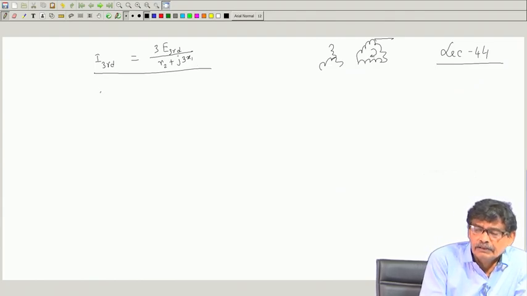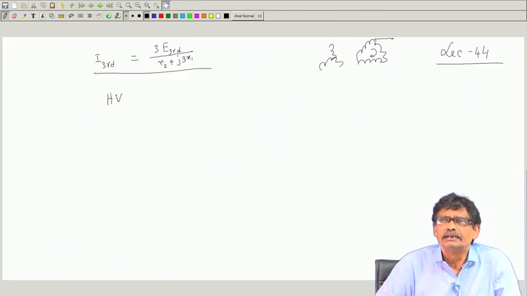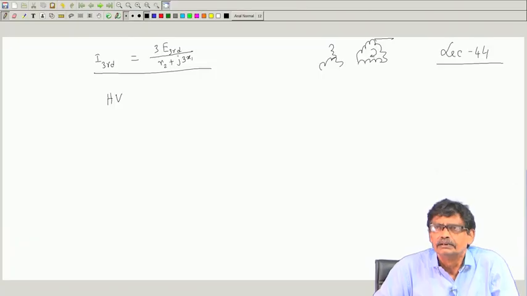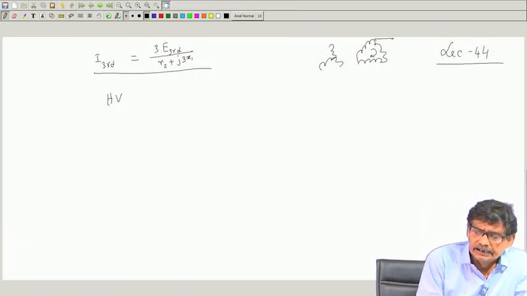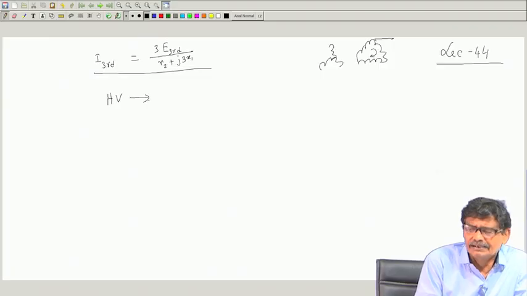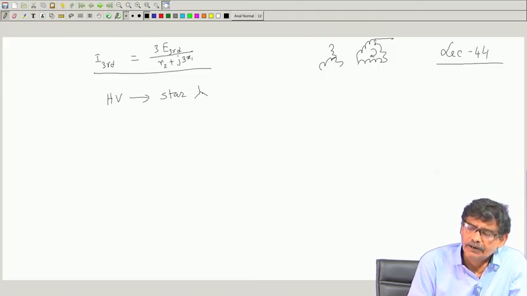For example, one of the sides had better have a delta connection. Generally the HV side is chosen as star connection. Why?